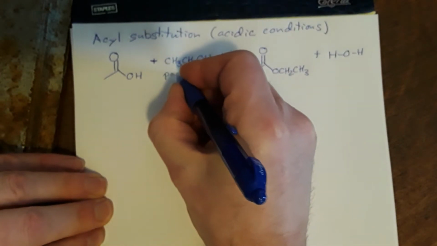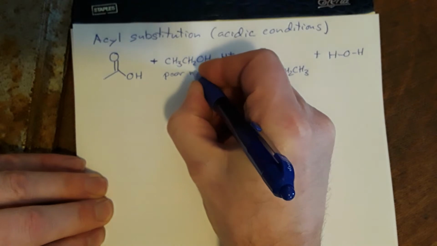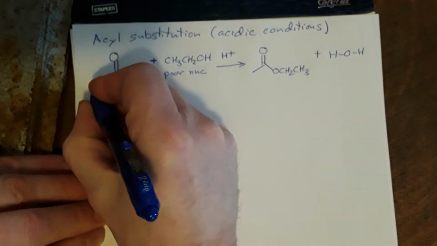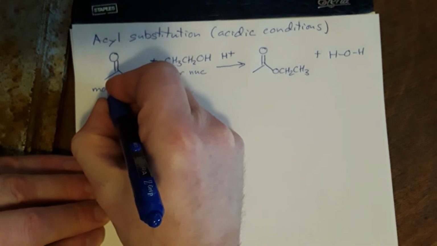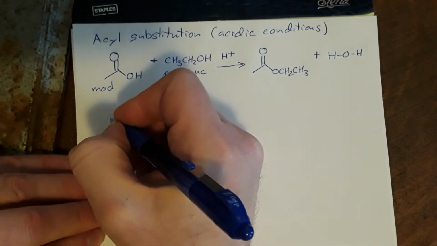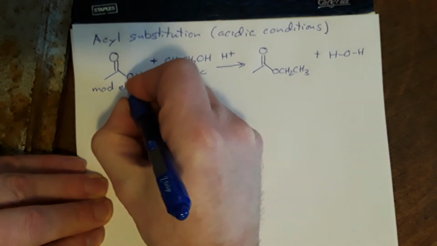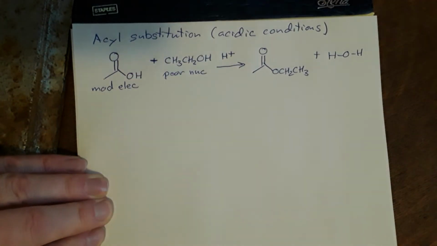We know that alcohols, like water, are poor nucleophiles, and we know that a carbonyl compound like an aldehyde or ketone, and also a carboxylic acid or acid derivative, is a moderate electrophile.